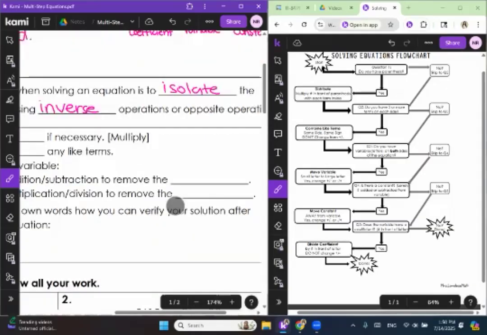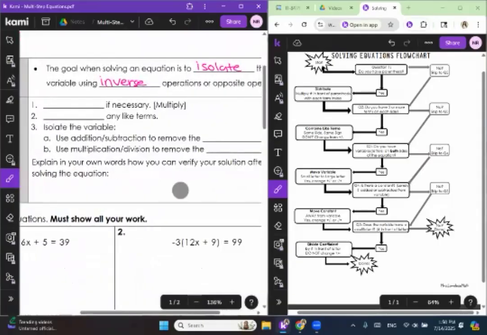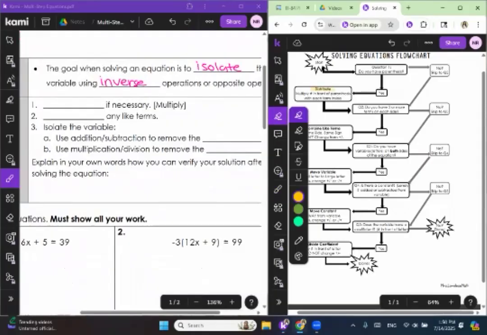So it's going to be a lot. Whenever you are solving a multi-step equation, meaning three, four or more steps, the very first thing where you start is distribute. And you'll notice that over here on your flow chart. First thing is to distribute, then you combine like terms, move your variable, move your constant. So you'll be able to follow along that way. First thing you want to do is distribute if necessary.